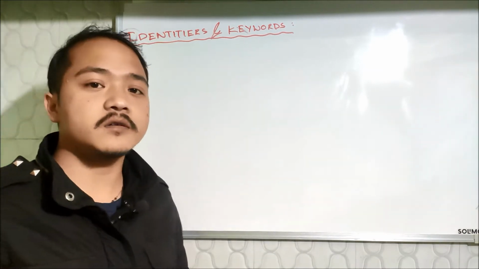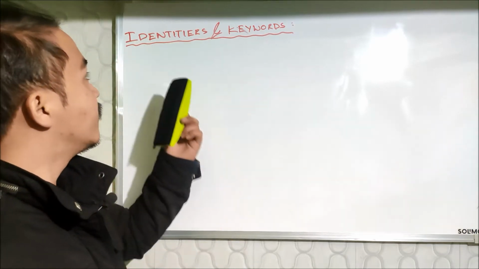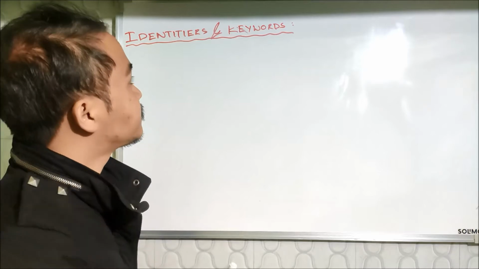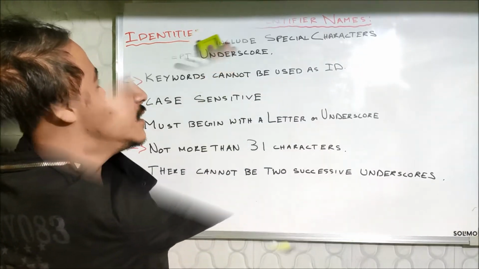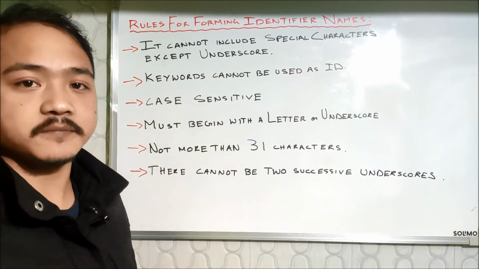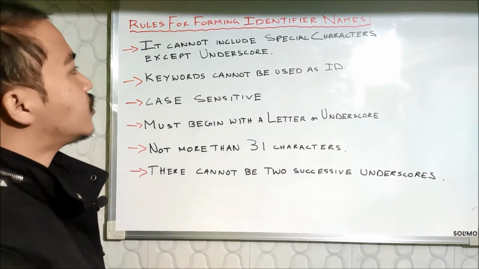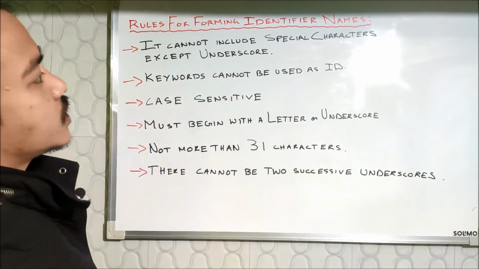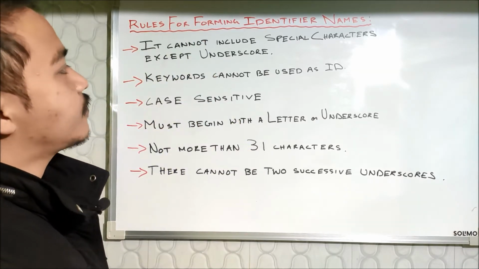There are some rules for giving identifiers. These are the rules for forming identifier names. Let's see them one by one. First, it cannot include special characters except underscore.